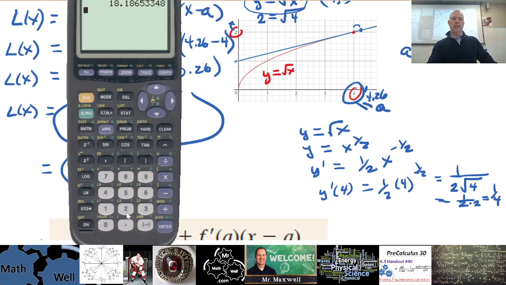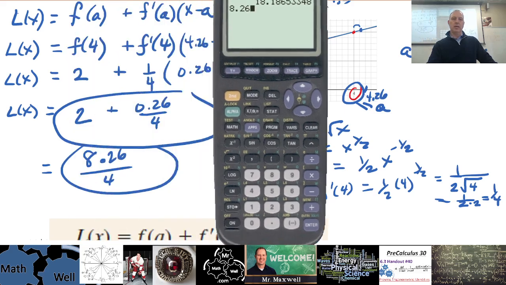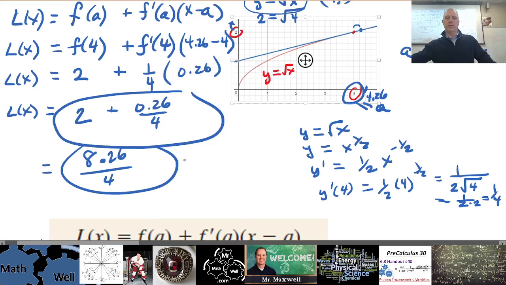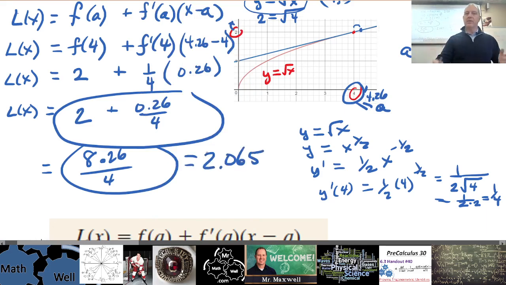So 0.26 divided by 4. Okay, so 2.065. Let's use that whole decimal. 2.065. Now what is that? What do we have there? That's L of x, right?